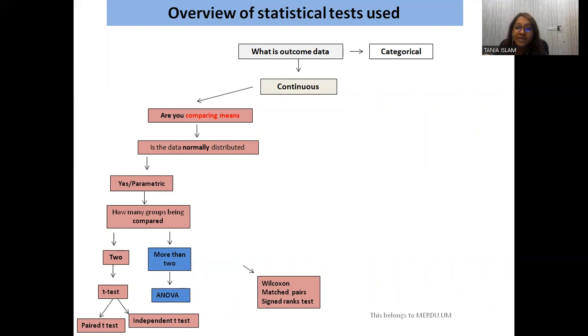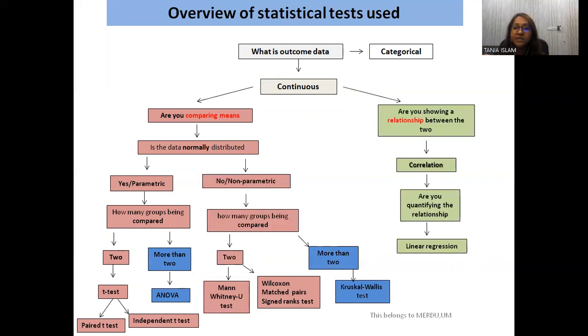You need to think, is it continuous or categorical? If it's continuous, you need to think what you are planning to do. Are you planning to compare the mean, or are you going to see any relationship or association in the continuous variable?